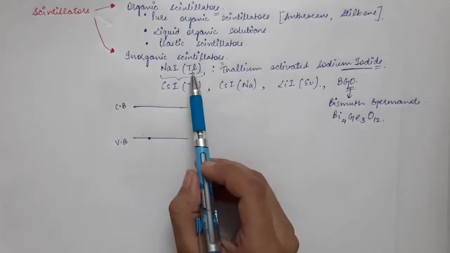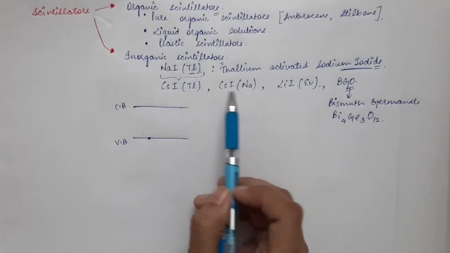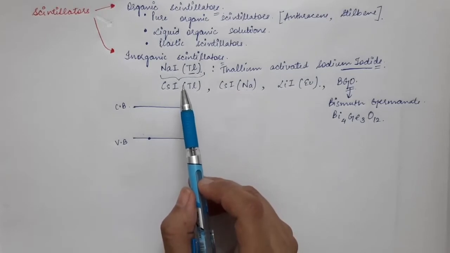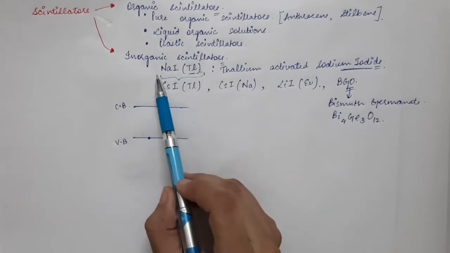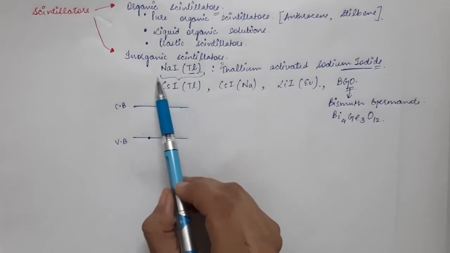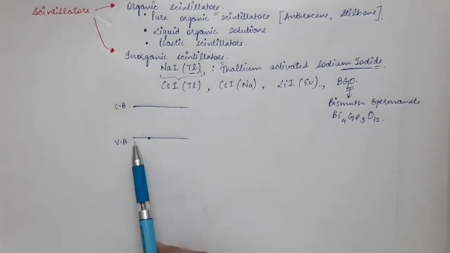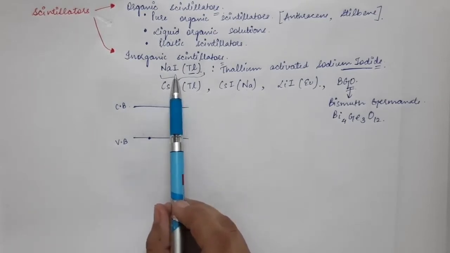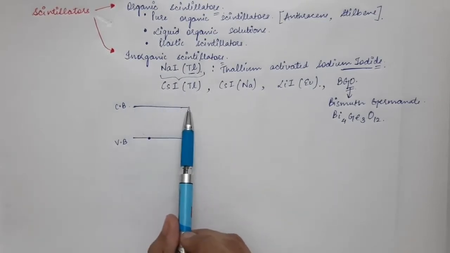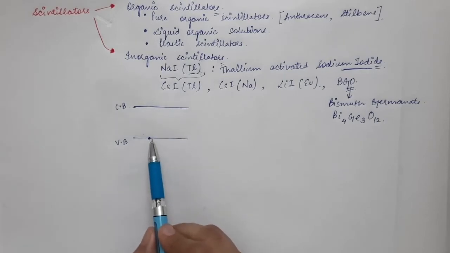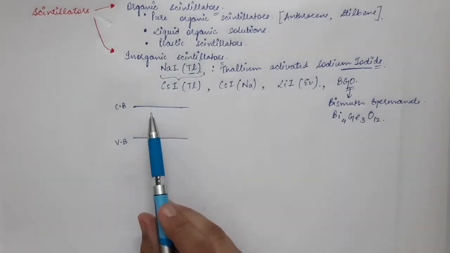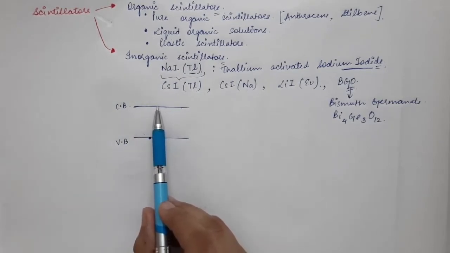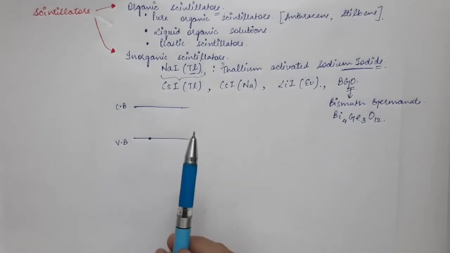If you look at the pure crystalline form of sodium iodide, we will get a valence band and conduction band, and electrons can go from the valence band to the conduction band after absorbing the energy from the incoming radiation, and after that they will go to the ground state.